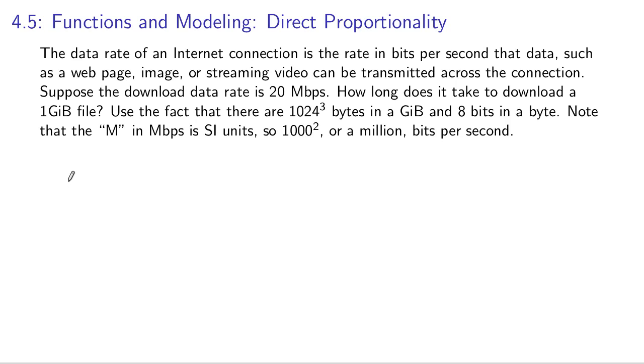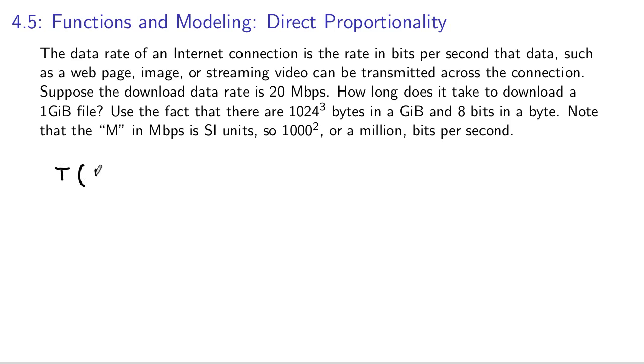Okay, so let's first think about the constant of proportionality. The data rate is the constant of proportionality. It's 20. So we have how long in this time, where we're wanting time to be our output. Time given the quantity of data, or the number of bits.